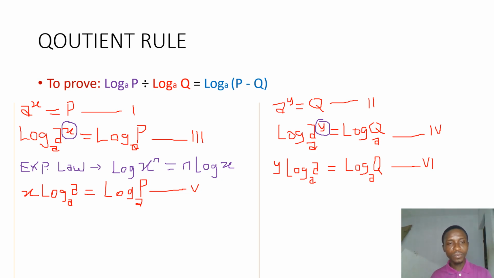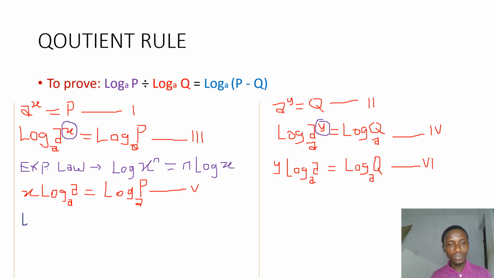Now we apply unit law on equation 5, and we also apply unit law here on equation 6. That will eliminate the coefficient of x, which is log a base a, and turn them to the subject of the formula.